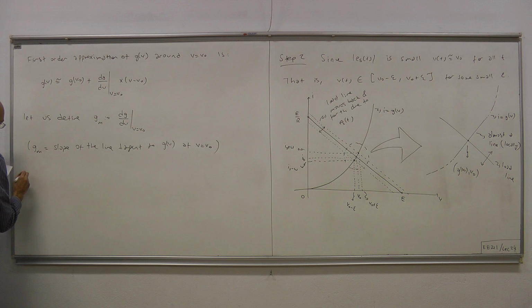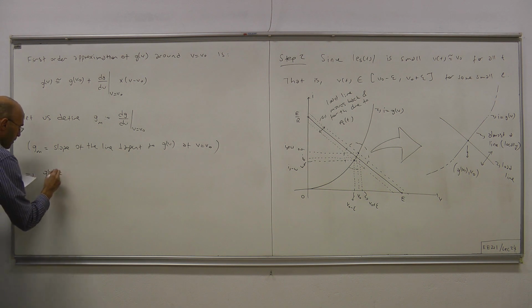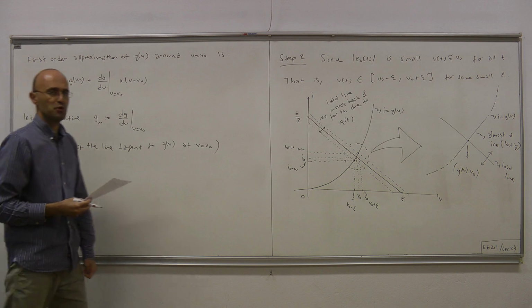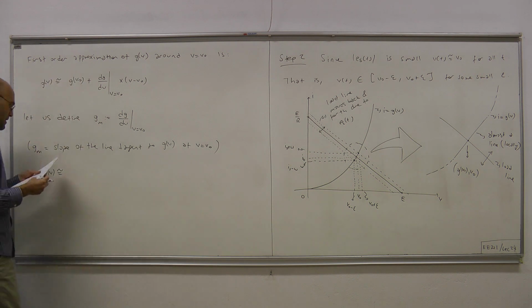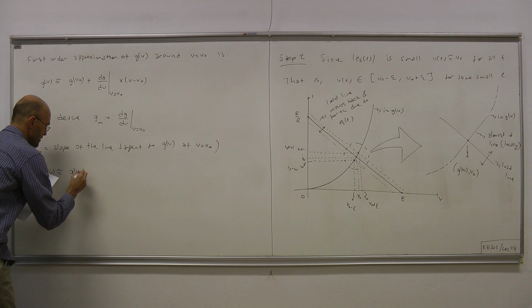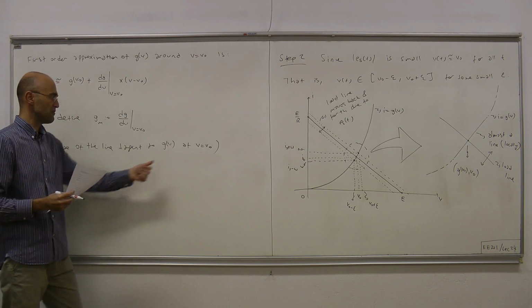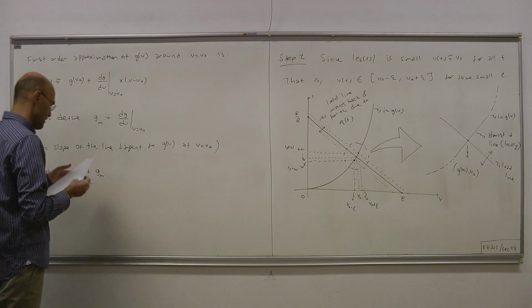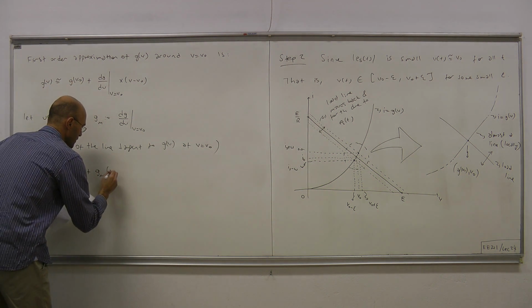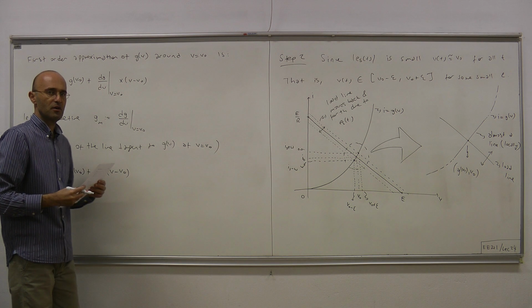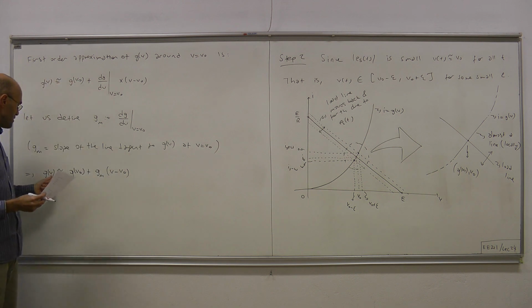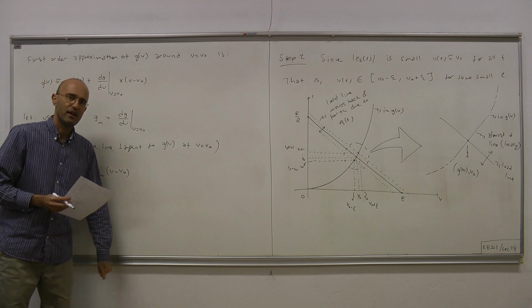That is, with our new approximation, we can write GV as GV0 plus the slope Gm, which is constant because V0 is fixed, times V minus V0. Now in this equation, V is a variable, whereas V0 and Gm are fixed.